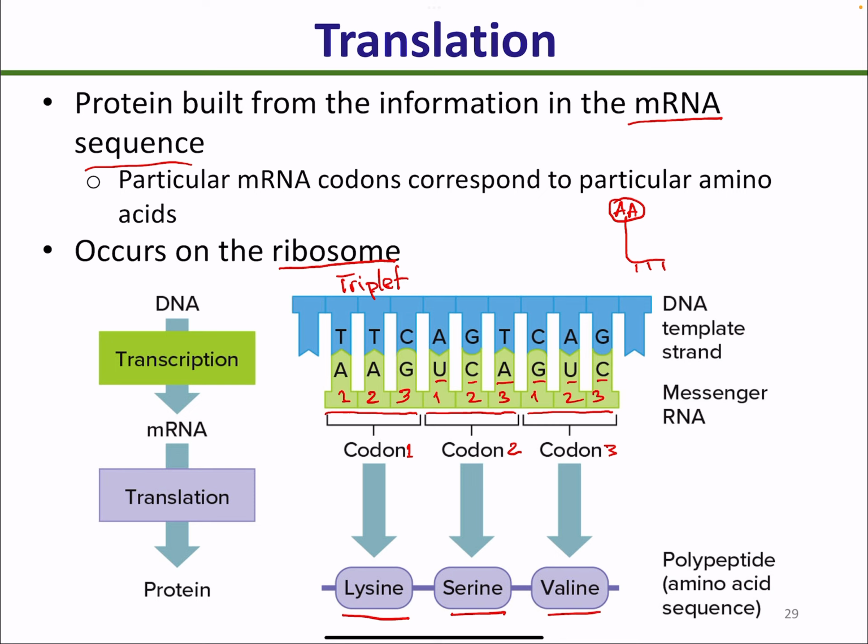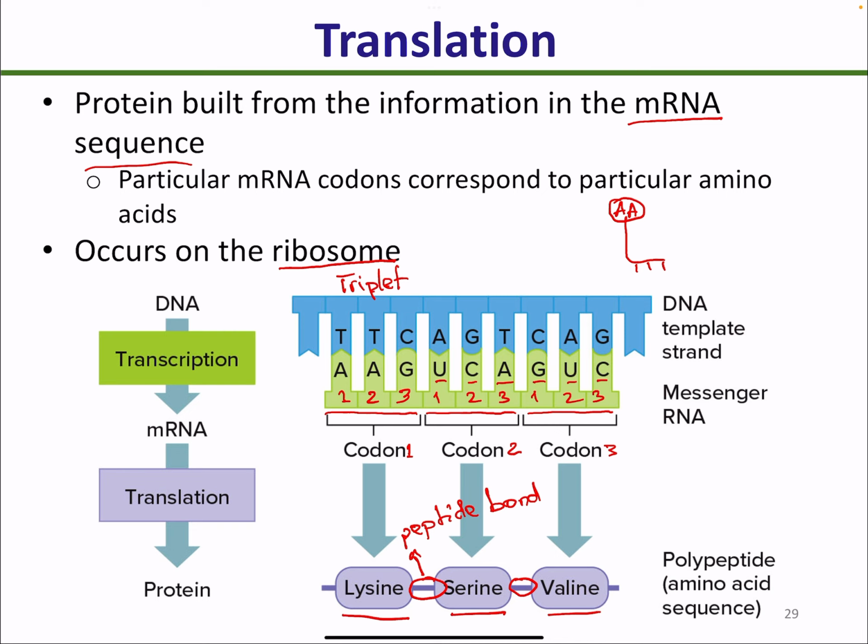Now, notice that as the ribosome reads the codons in the messenger RNA, it is actually going to connect amino acids to each other via peptide bonds. So this is a peptide bond, so that we are going to have a polypeptide.